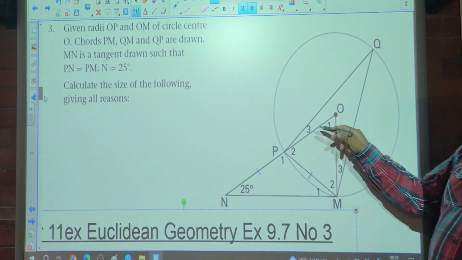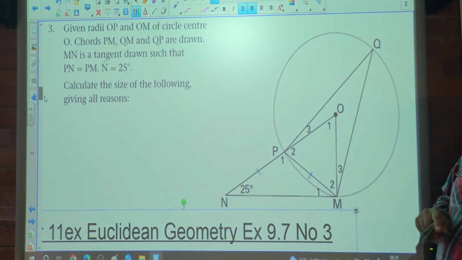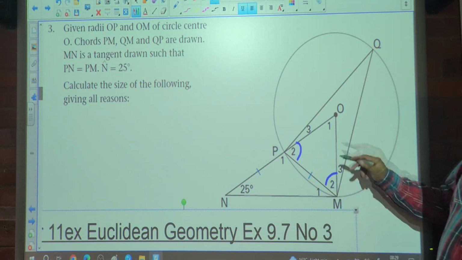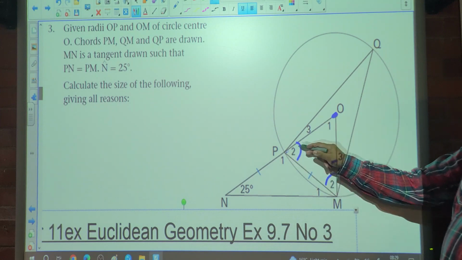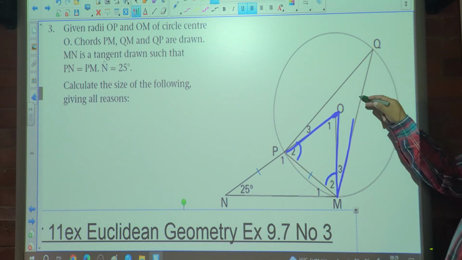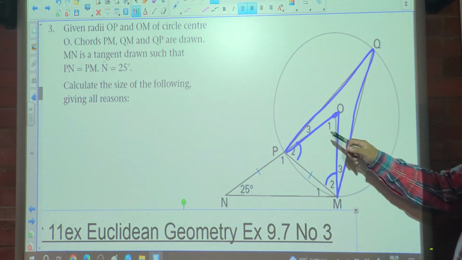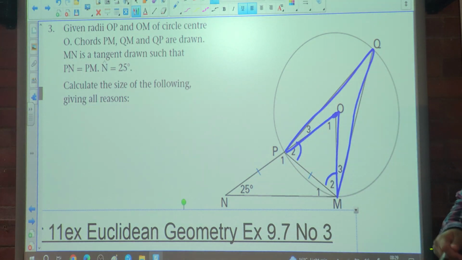People, with that knowing that is your radii, what do we know? We know that P2 is equal to M2. Okay? Also, if this is the center, we know that O1 is double angle Q. Angle at center is twice angle at circumference.